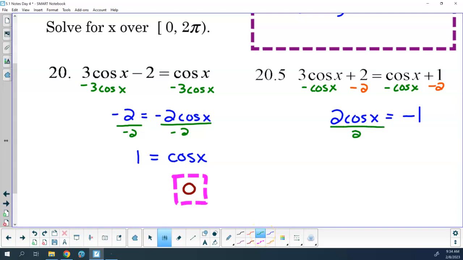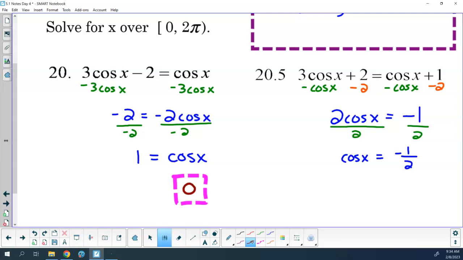Divide both sides by 2. That gives me cosine equals -1/2. So where on the unit circle, first lap, does cosine equal -1/2? 2 pi over 3, yes? Is that it? And 4 pi over 3.